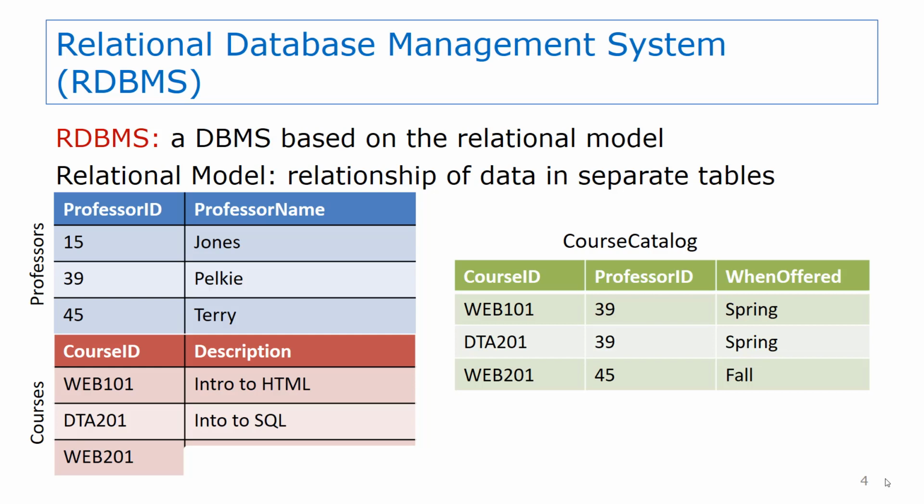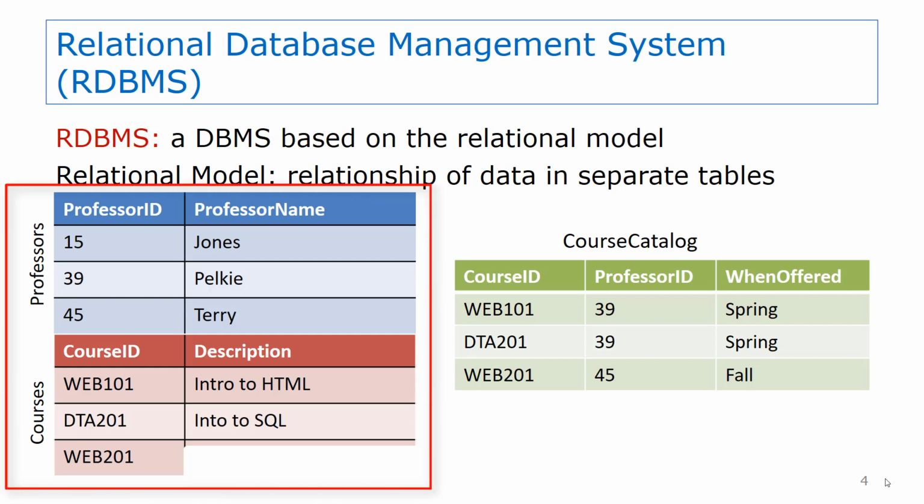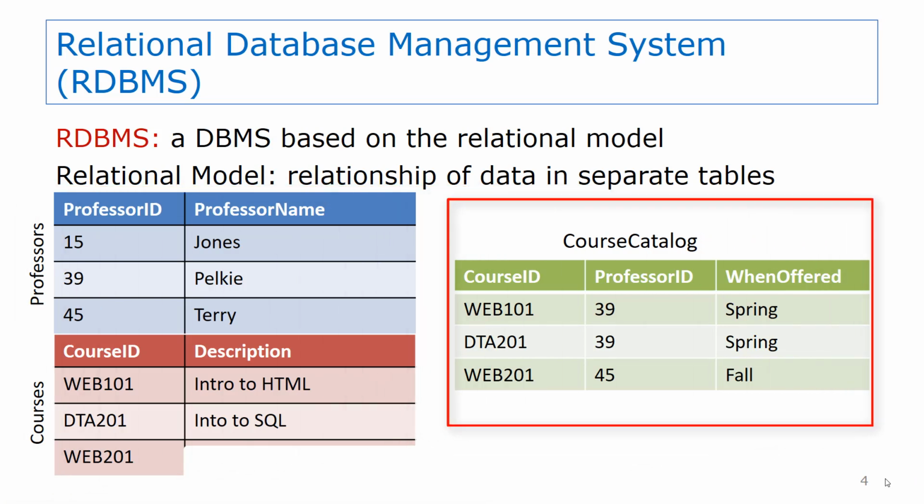For example, on this slide there are two tables, professors and courses, and another table, course catalog. The professors table contains two facts, a professor ID and the professor name. The courses table also contains two facts, the course ID and description. The course catalog combines data from the professors and courses tables to show what courses a professor teaches.